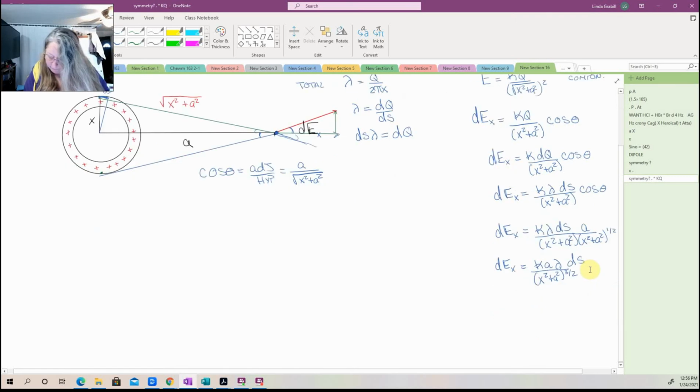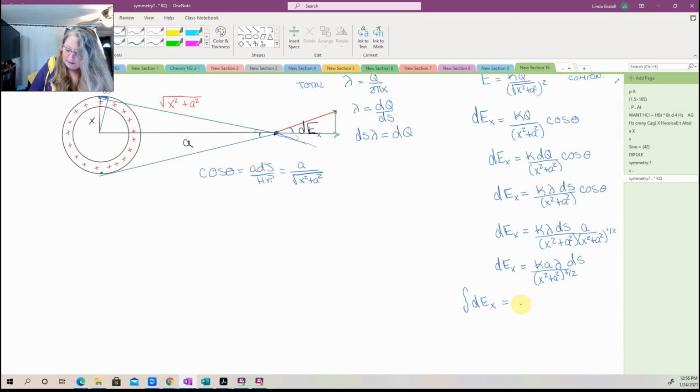Let's kind of page down a little bit. Now what can we do? Let's go ahead and integrate. So I can integrate my dE in the x, and I can pull out all the constants. What's constants? The radius is constant, that's x. And a is the distance away, that's constant. So the a and the denominator can all be pulled out, as can the lambda. So I'll have k a lambda divided by x squared plus a squared to the 3/2 times the integral of ds.